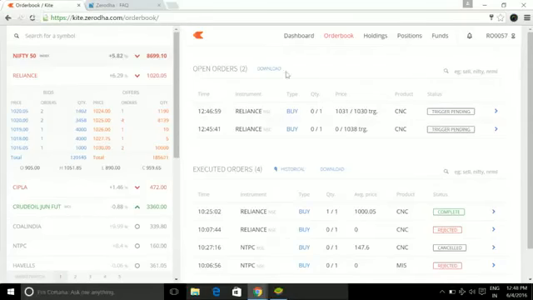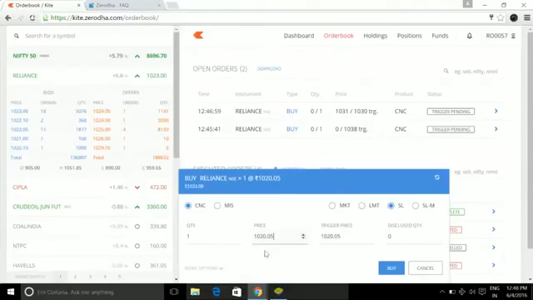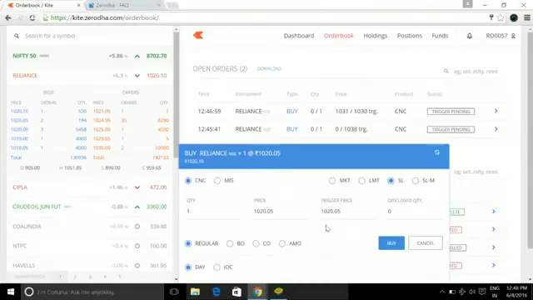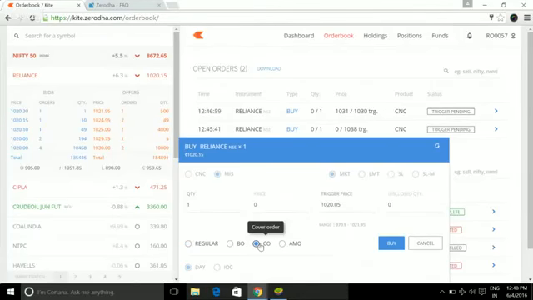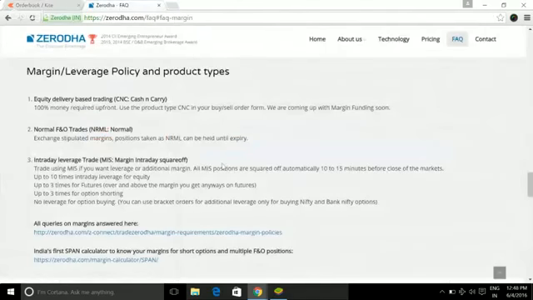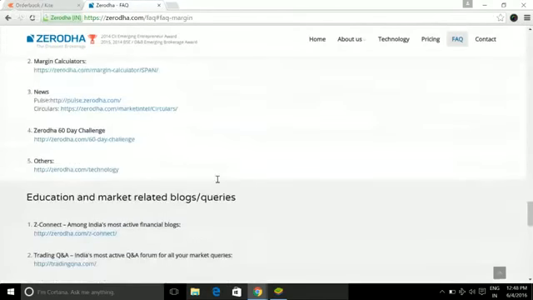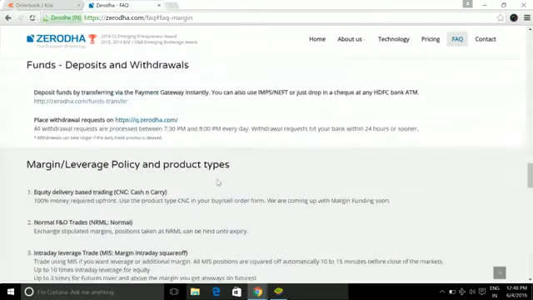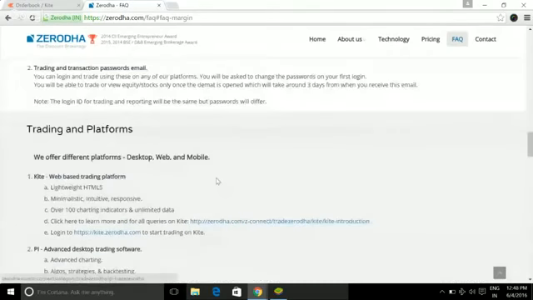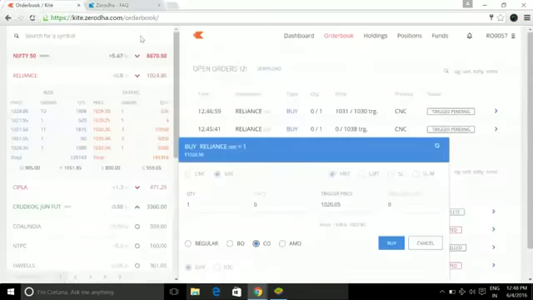So okay, let me go back to my order screen. As you know, we have also introduced cover orders and bracket orders on Kite. If you visit this FAQ link, we have explained all the different order types and how to use them, right?